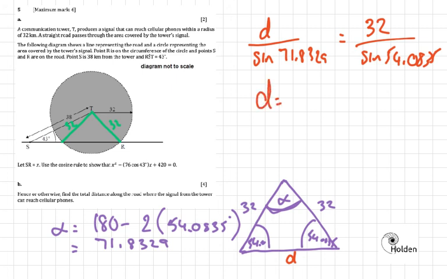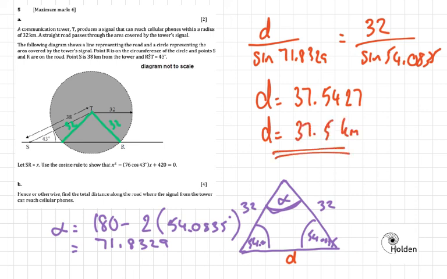Evaluating that, D gives us 37.5427, which tells us that D is equal to 37.5 kilometers. There are other ways of working that out. I solved it through two triangles, using the 'or otherwise'. You can substitute those in and find out what X is at that point.